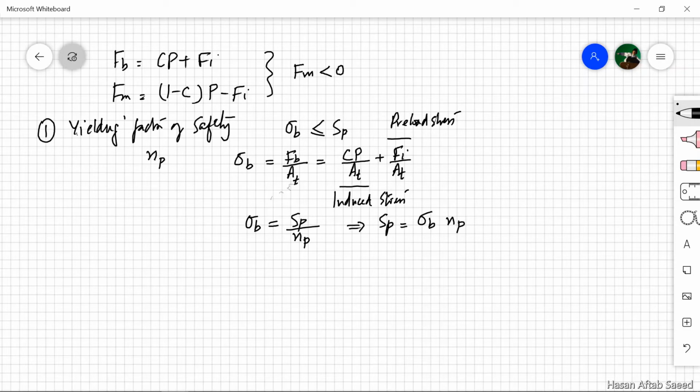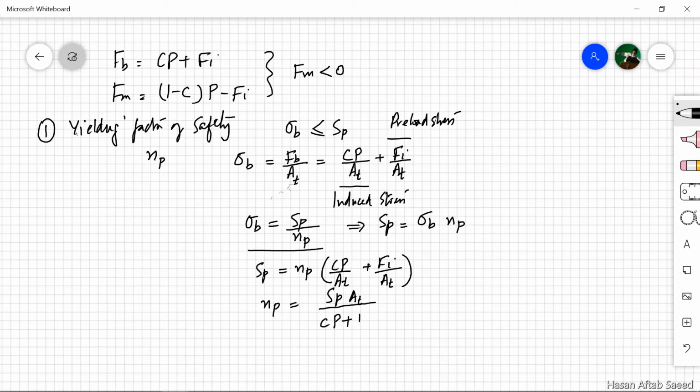Now, putting in the values, put this sigma B value in this original equation, and we get SP is equal to NP times (CP over AT plus Fi over AT), which means that NP is equal to SP AT over (CP plus Fi).